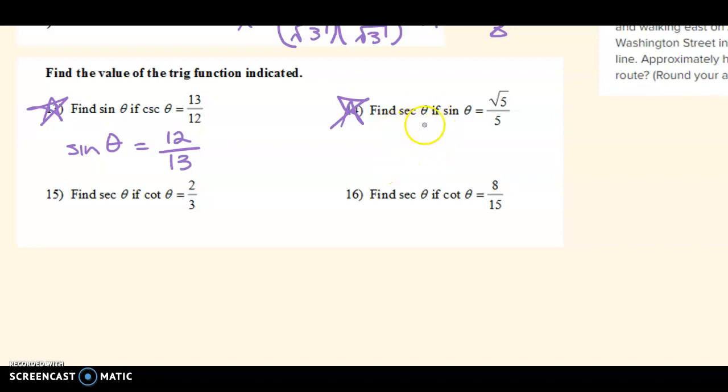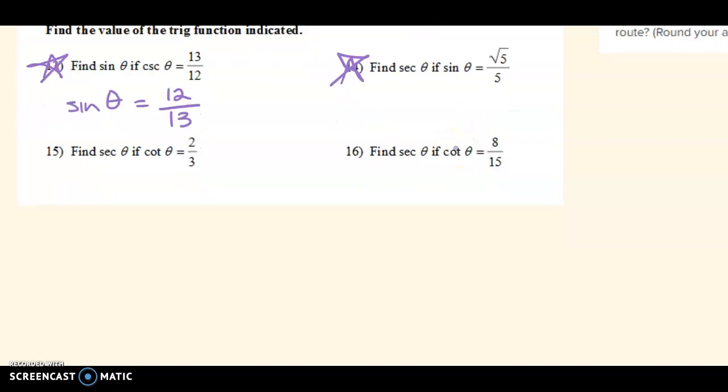Find secant of theta if sine of theta is root 5 over 5. This one is going to take a little bit more work because secant and sine don't have any special relationship. And so what I'm going to have to do is draw a triangle, kind of visualize what I have. Say theta's here, sine's opposite over hypotenuse.